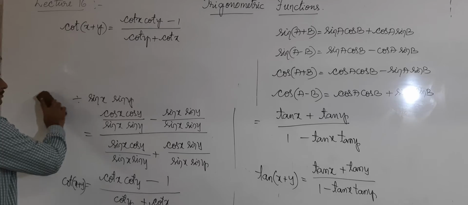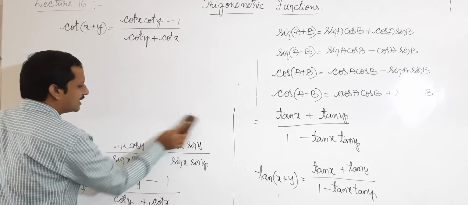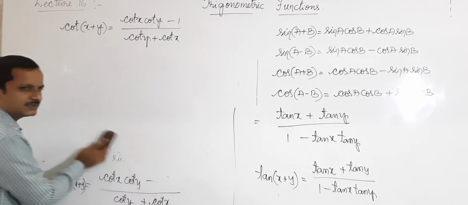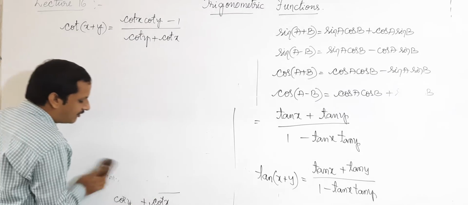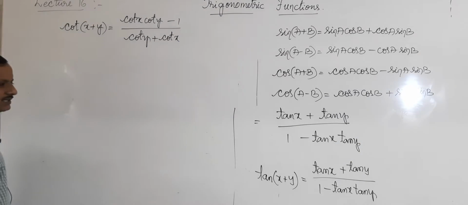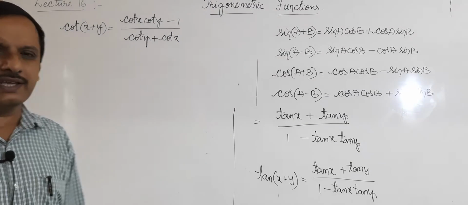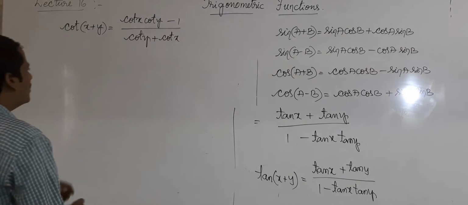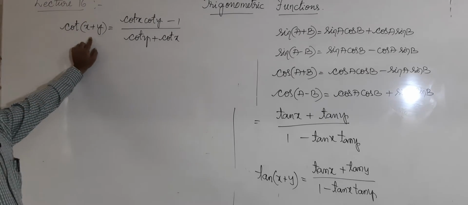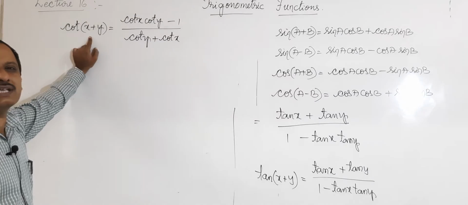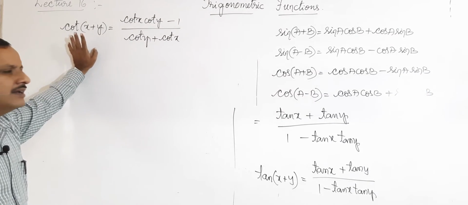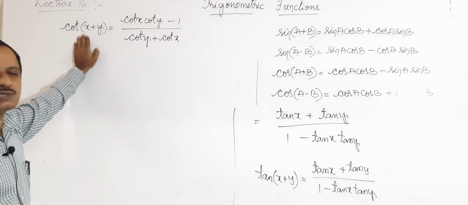Okay, so you can predict what our next formula is. Yes, you are right. The next formula is cot(x minus y). So to get cot(x minus y), what do we do? In this equation, let us replace y with minus y.